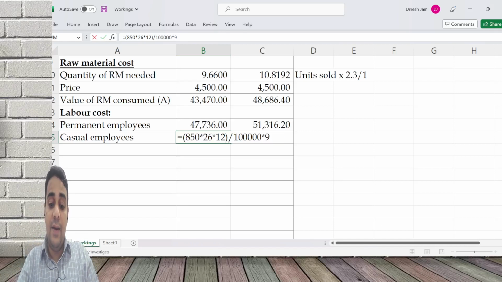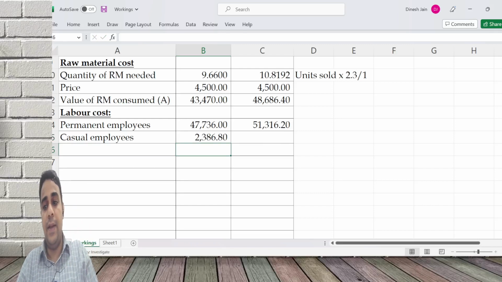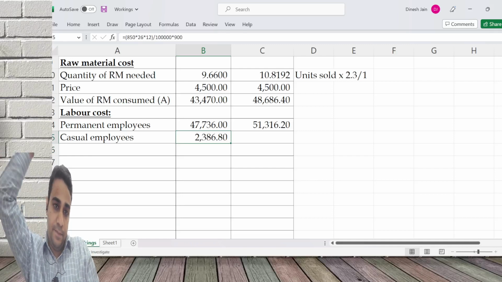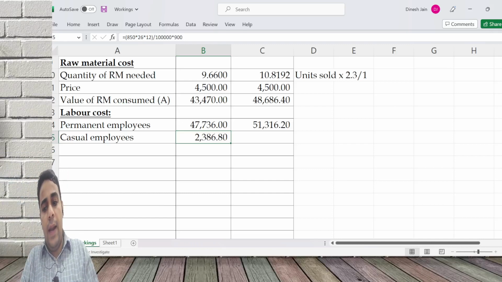We have only 900 employees. We don't have 5,100 employees now. Casual is 900 employees. 850 into 26 into 12, divided by 1 lakh into 900.